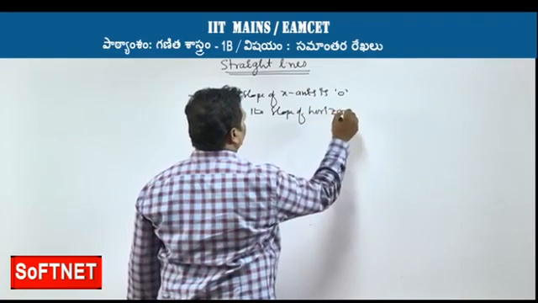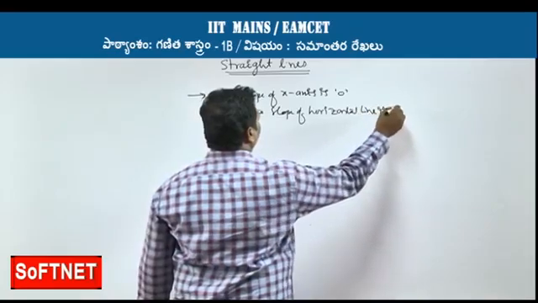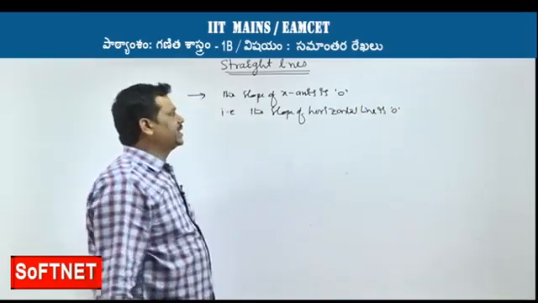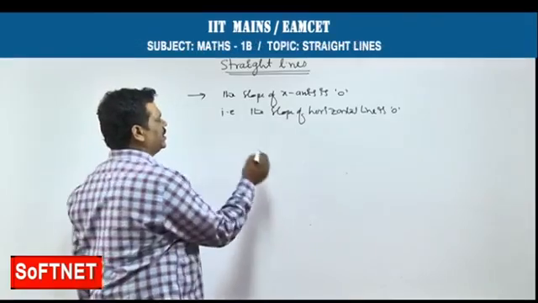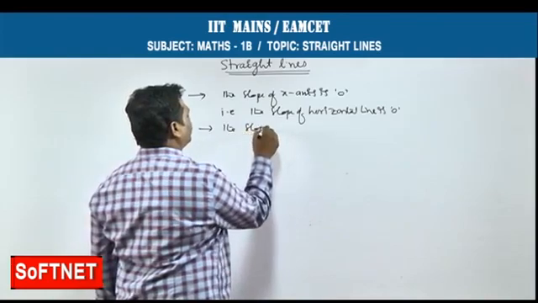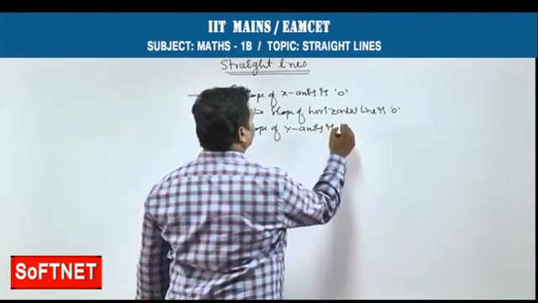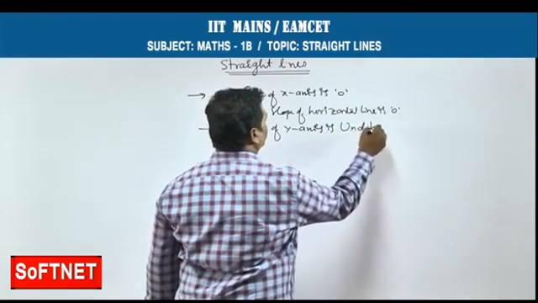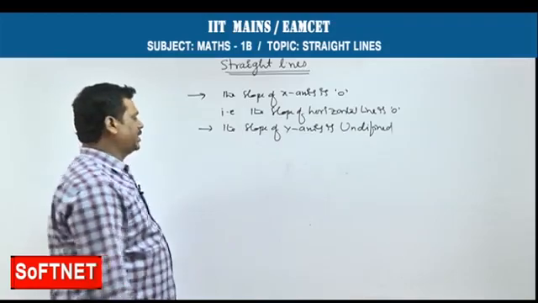Horizontal line is nothing but x axis. The slope of x axis is 0, that is, the slope of horizontal line is 0. And the second case is the slope of y axis is undefined. The slope of y axis is what? Undefined.